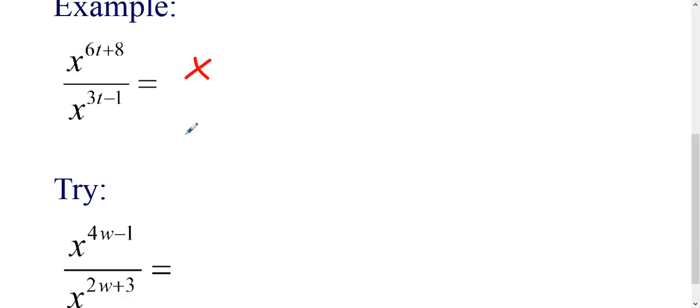So let's just assume the numerator is a bigger expression, a bigger exponent. And subtract 6t minus 3t when you do like terms. And then 8 minus negative 1. So that's really plus, you get 9.